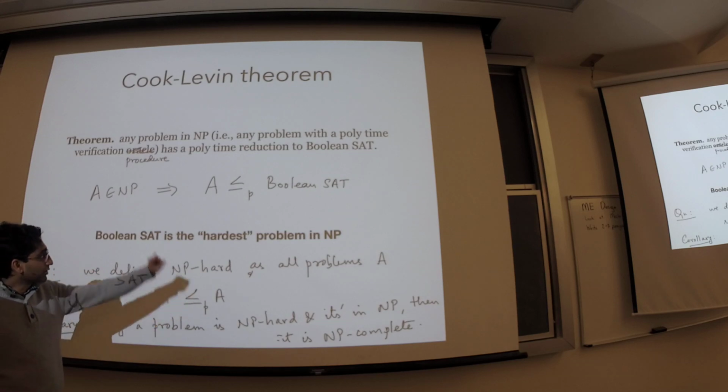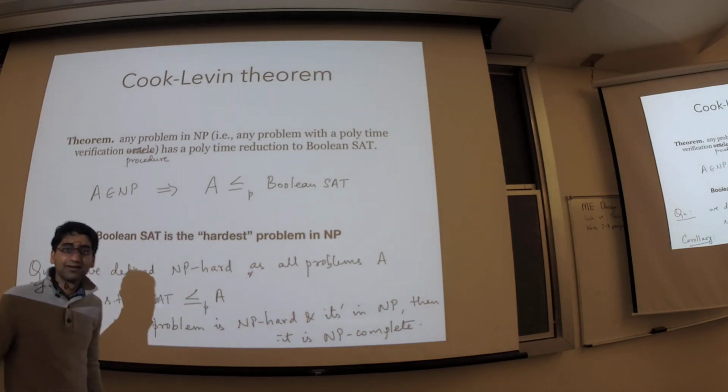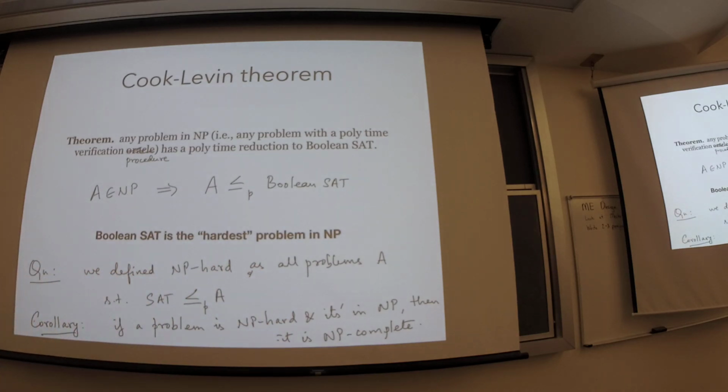And the Cook-Levin theorem implies that because it's in NP, there is a reduction in the opposite direction, and therefore there are reductions in both directions. Therefore, it is NP complete. And if you have an NP hard problem that is strictly harder than Boolean sat, then it's actually not in NP. What's the example of that? That's the games or things like that. At least we believe that that's the example. We don't know how to prove it, but yeah.